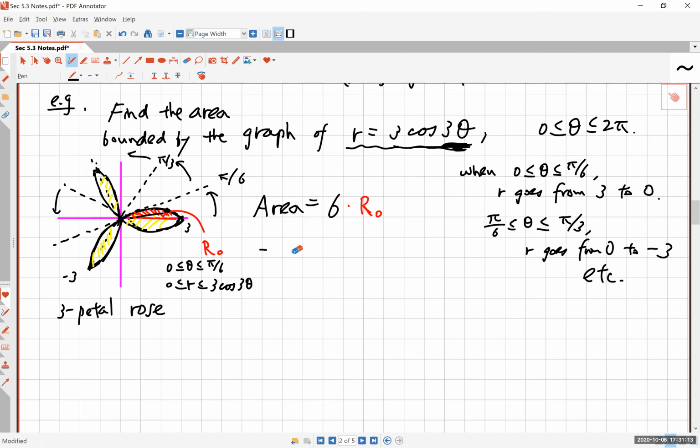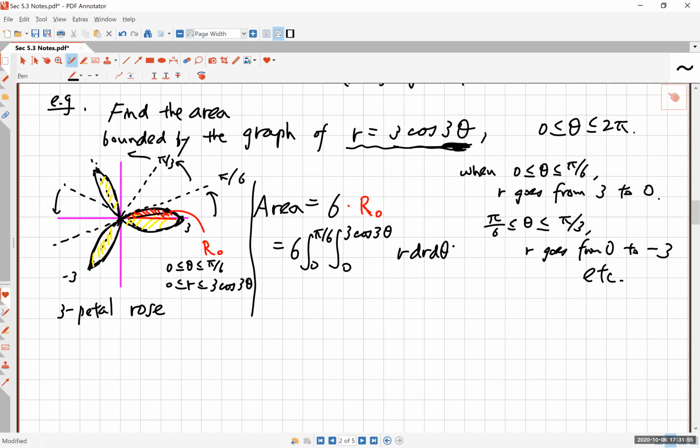Let me rewrite this again. The entire area of the region bounded by the graph of this function is 6 times half of each leaf, which is from 0 to pi over 6, and then r from 0 to 3 cosine 3 theta, and then dA is r dr d theta.